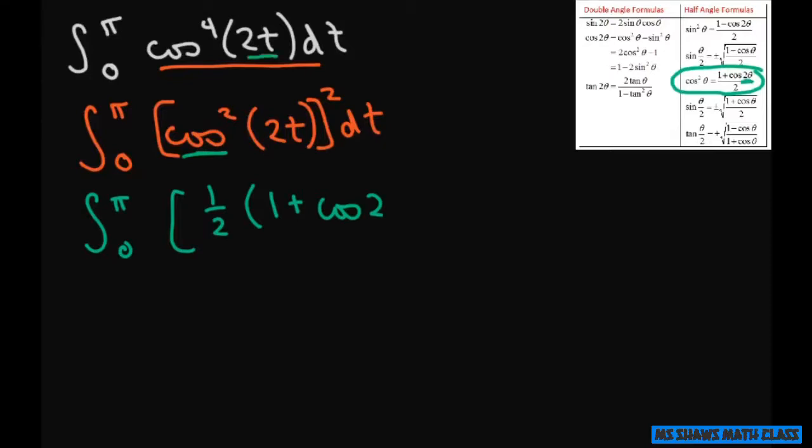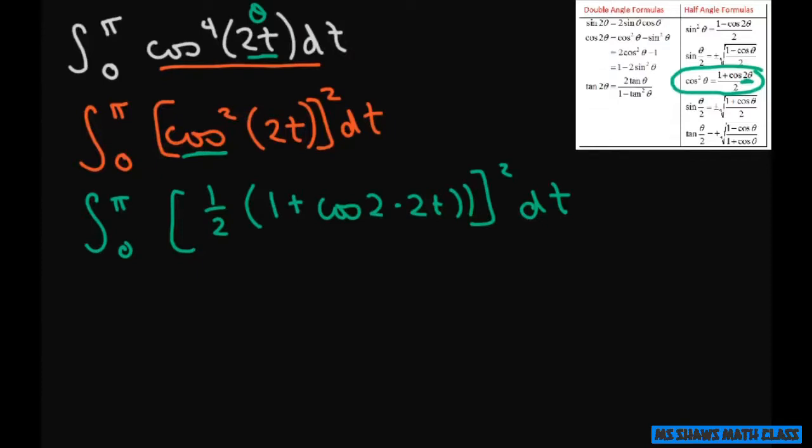My theta happens to be 2t, so that's going to be times 2t), and then that whole thing squared, dt. Now, that's using your half angle identity.